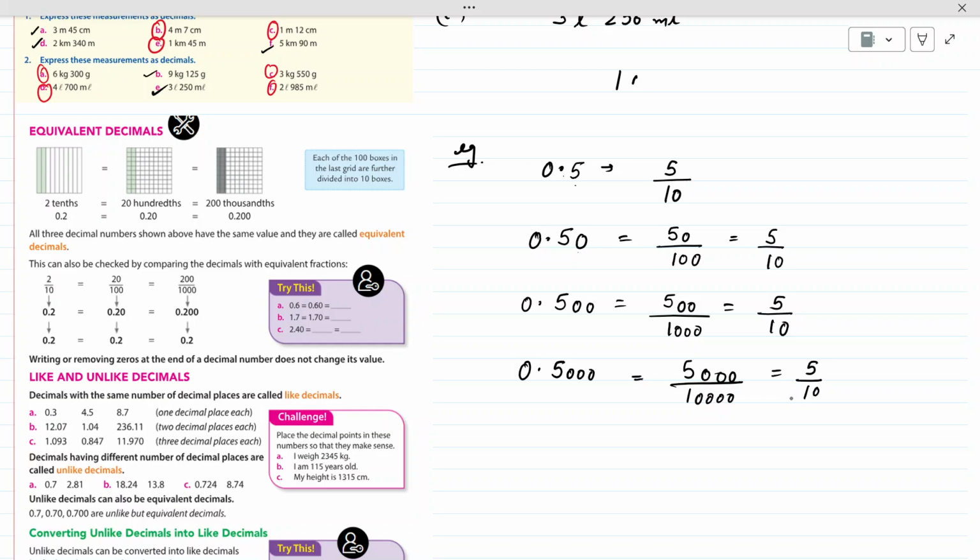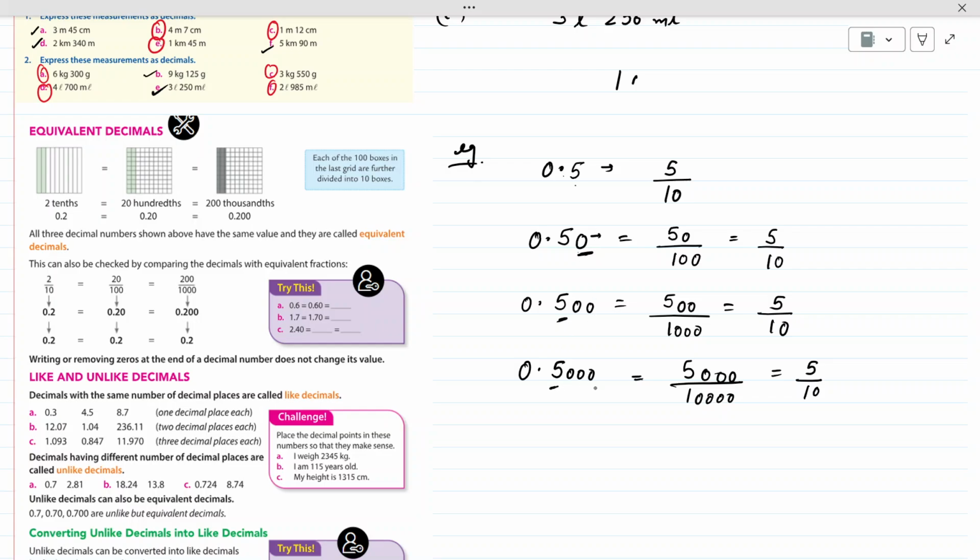So what we can say is that if we add or remove zeros from the end of a decimal number, it doesn't change its value. The value will be the same. But it should always be done at the end.